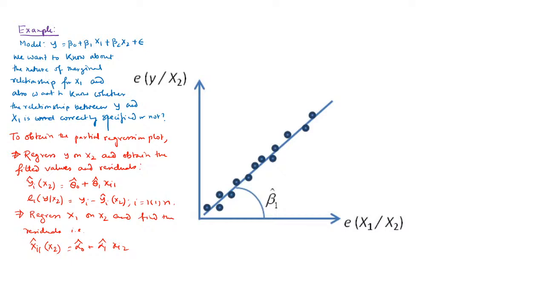If your plot suggests the right pattern, then it is okay, you can add xj square in the model. If it is not like that, you can add xj cube, xj to the fourth, and in every situation you draw the partial residual plots, until your residuals look like that. So this process goes on.